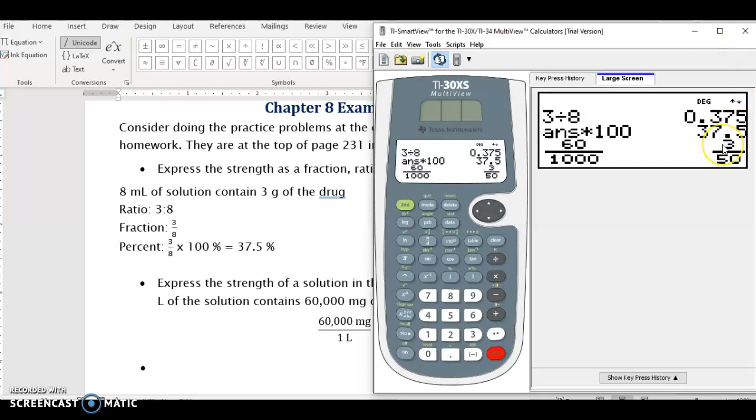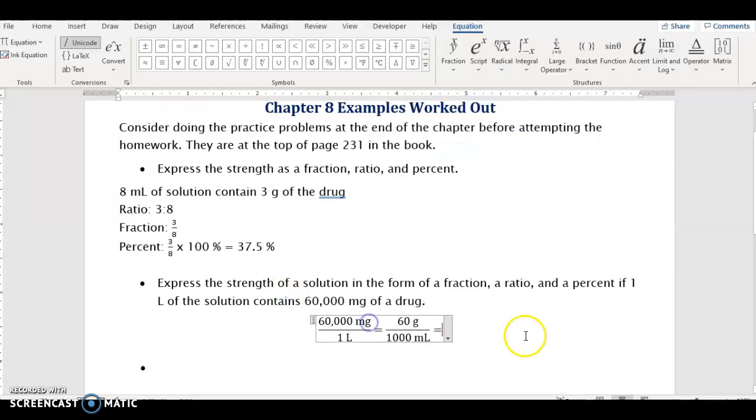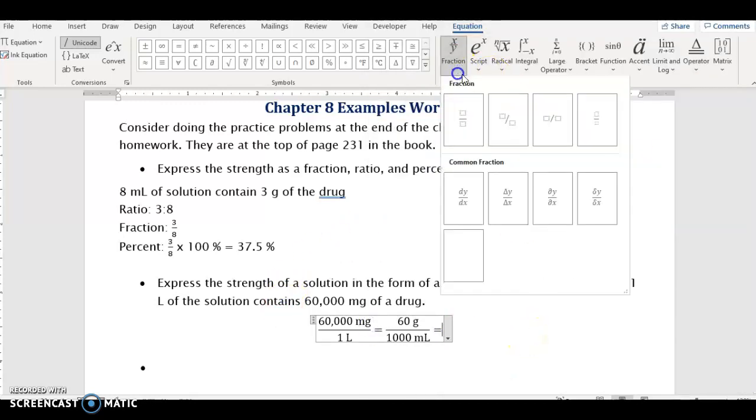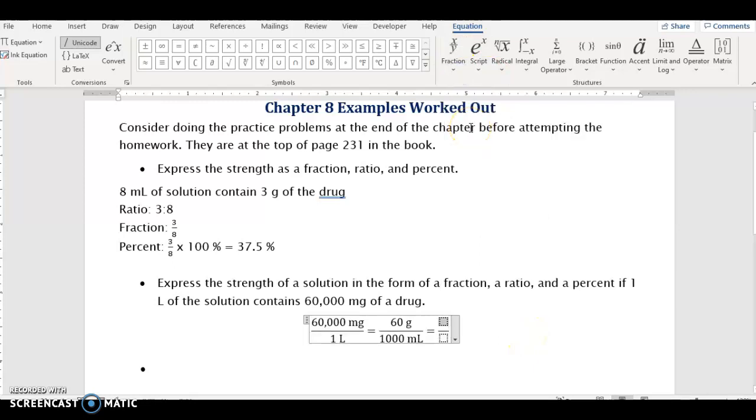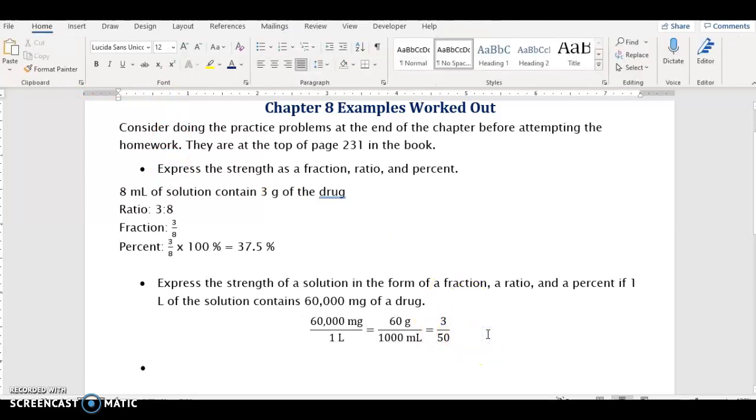Or you can do it by hand. So the fraction becomes 3 over 50, so it'd be 3 grams over 50 milliliters of solution. We don't need the units there, we can get rid of the grams over the milliliters. But that's what the answer would be as a simplified fraction.